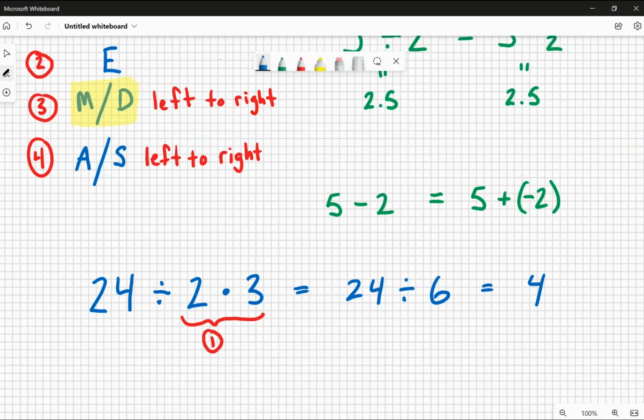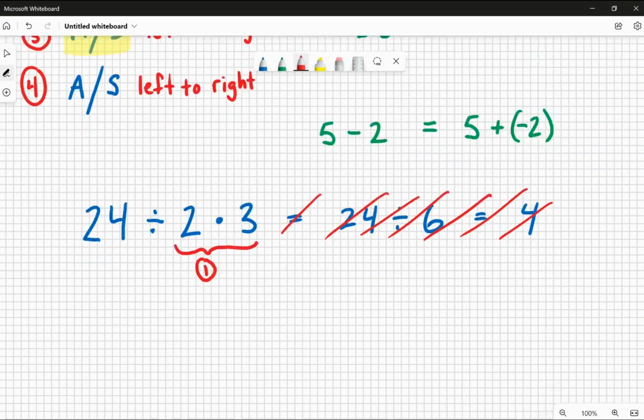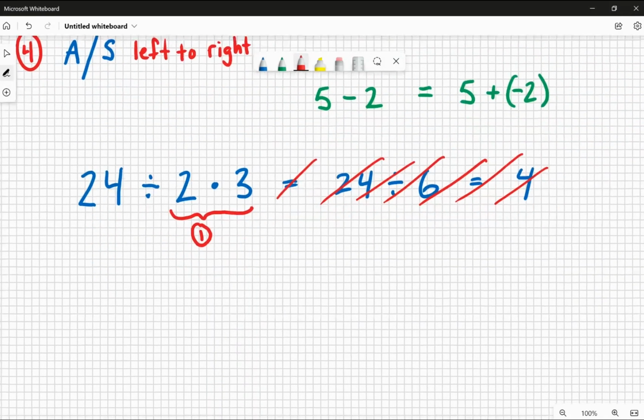Right? That would be incorrect. And the reason it's incorrect is because division, like I said, can be written as multiplication. So let me do a little bit of this so we make sure that's an incorrect way of going about this.